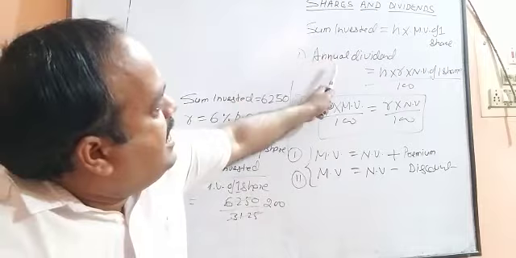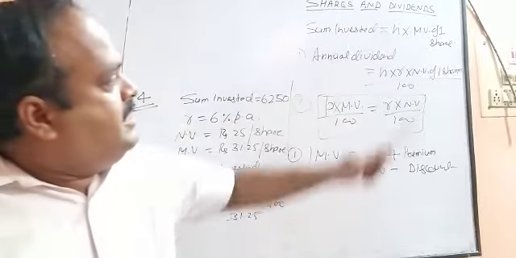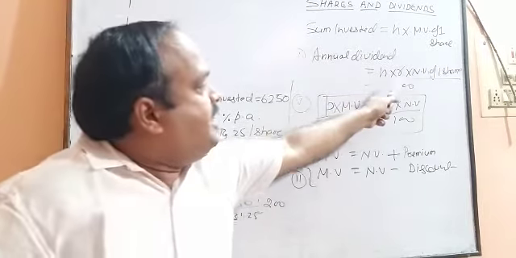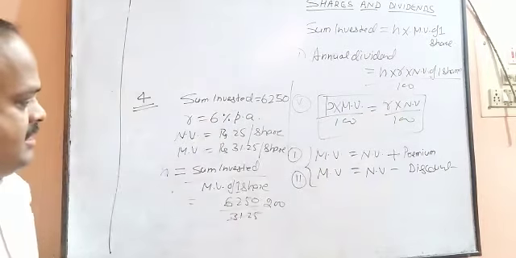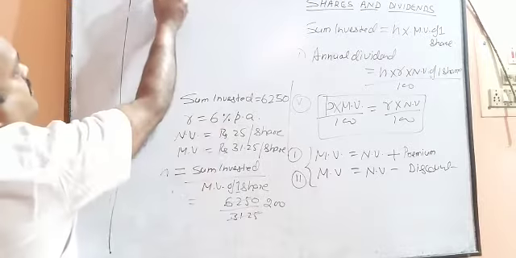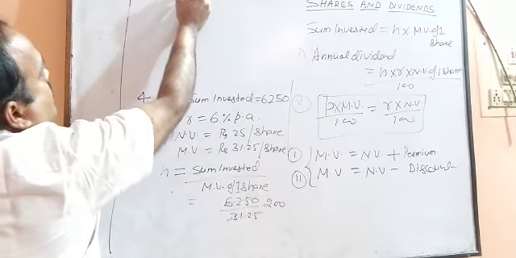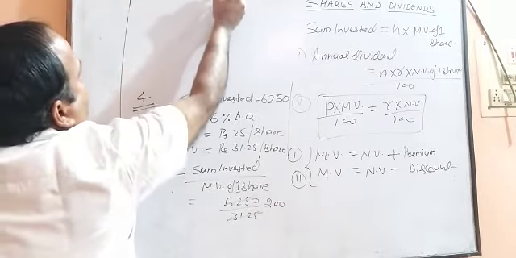Look at this formula: annual dividend is number of shares into rate of dividend into nominal value of 1 share upon 100. So let us find the annual income.